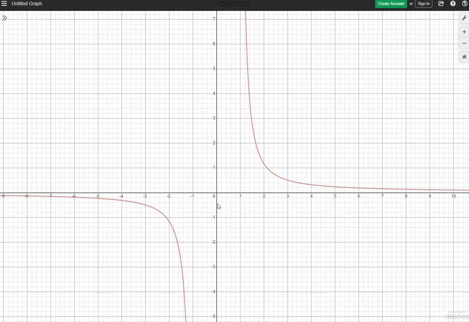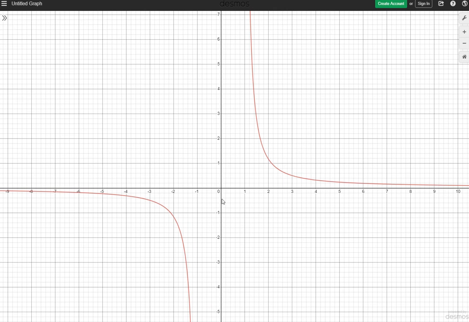So that's the graph of it there. Origin symmetry would have it be symmetrical.